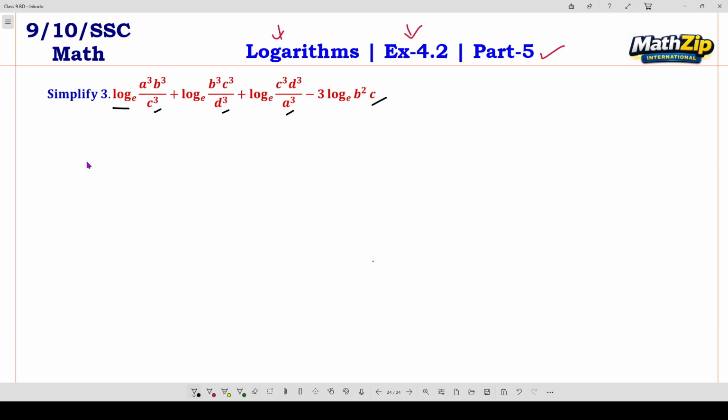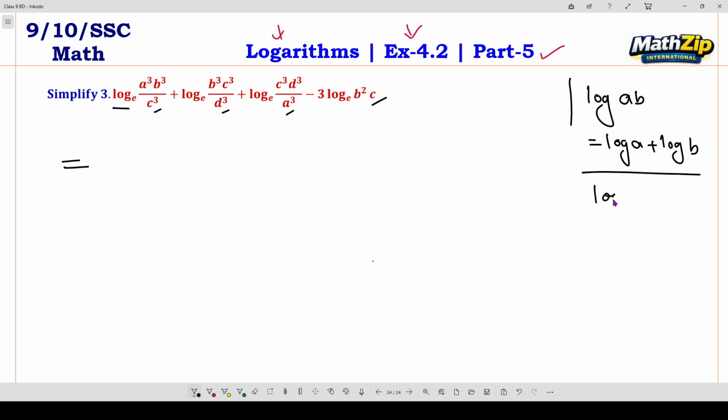First, the first term here is log e of a cube b cube divided by c cube. We know that log of ab means log a plus log b.